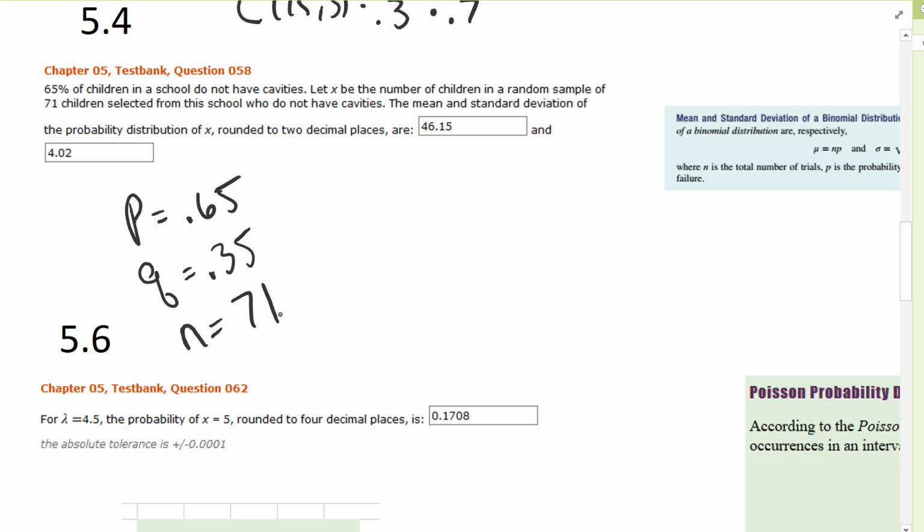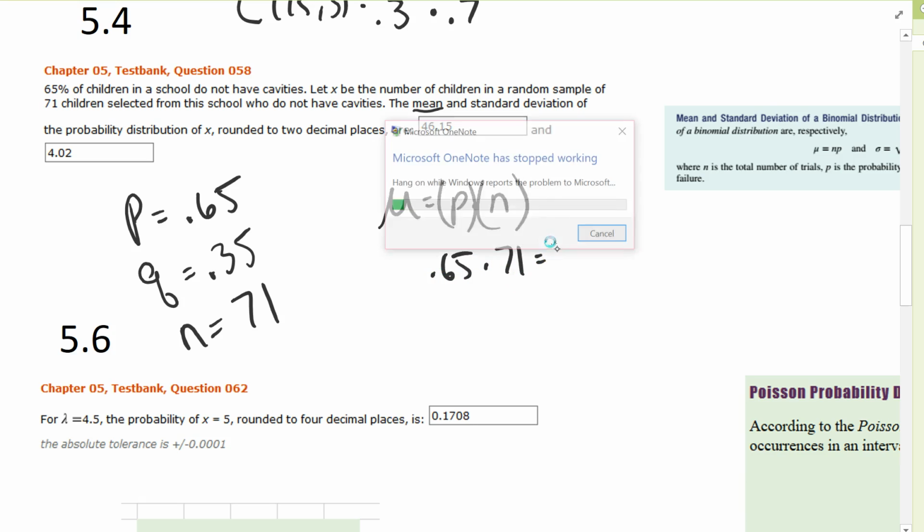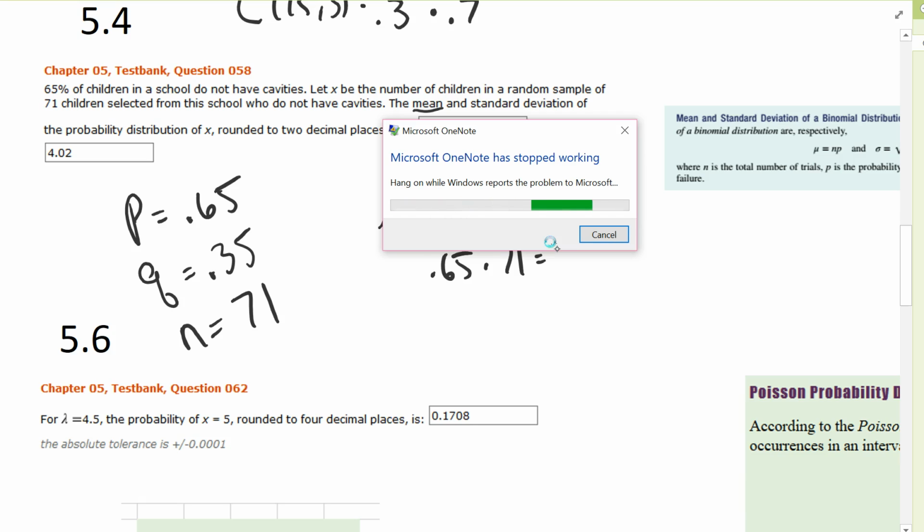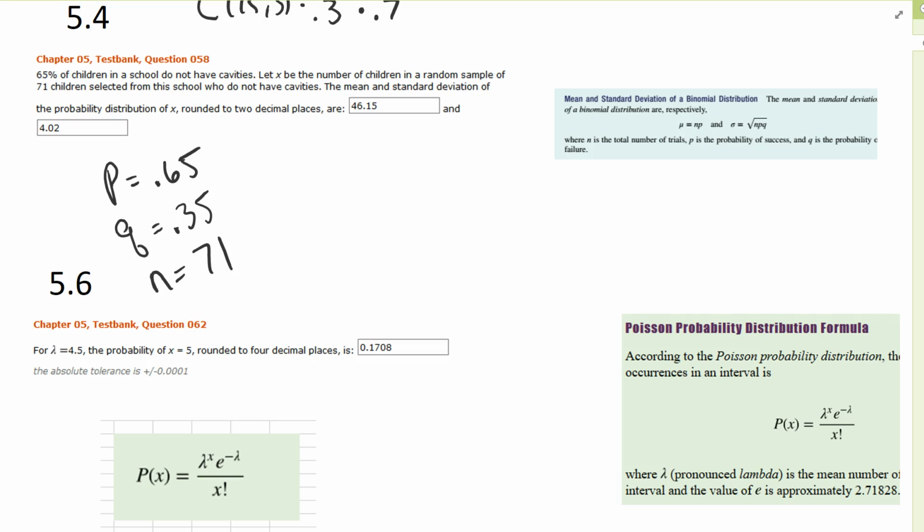So the mean is very easy. You take the probability of the larger sample times your sample size. So in this case, 0.65 times 71 will give me 46.15.